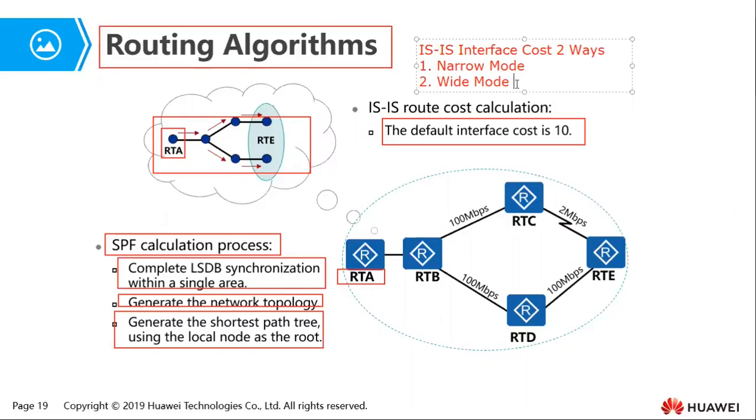So I'm giving you this as a reading assignment. In HCIE, they explain it a little bit deeper, but please go and learn the difference between the two. For the moment, please know that for both modes, the default interface cost is 10. You can still manually configure it in order to change it.